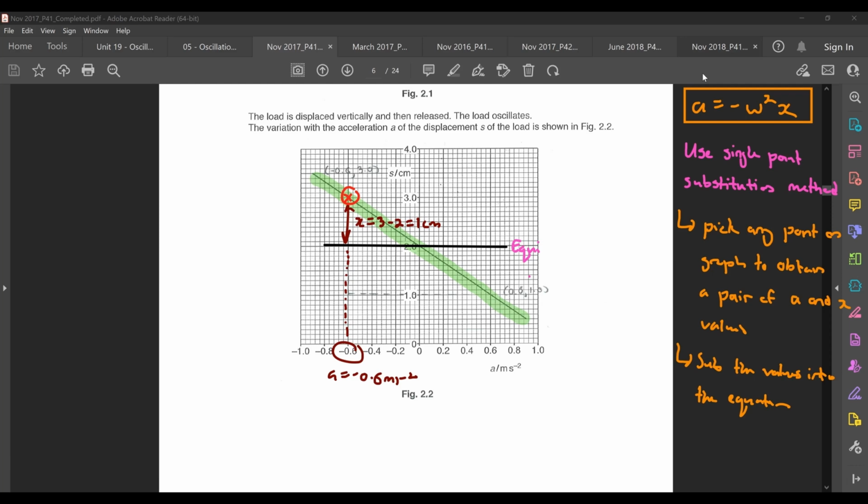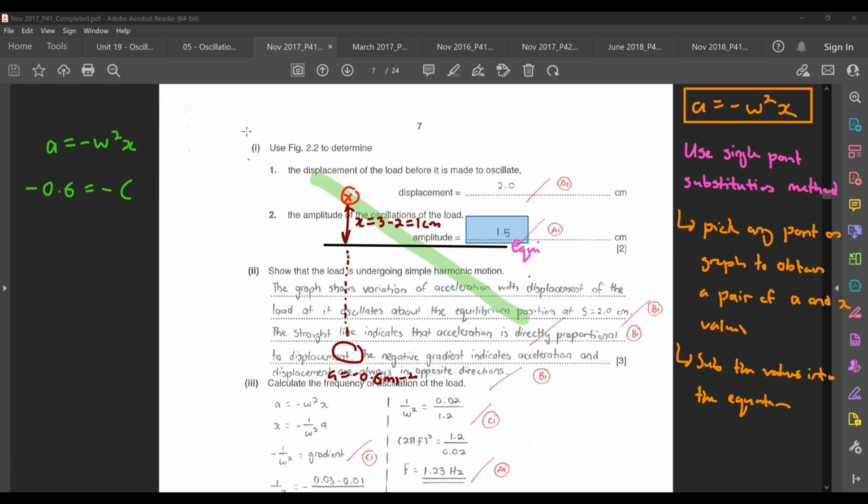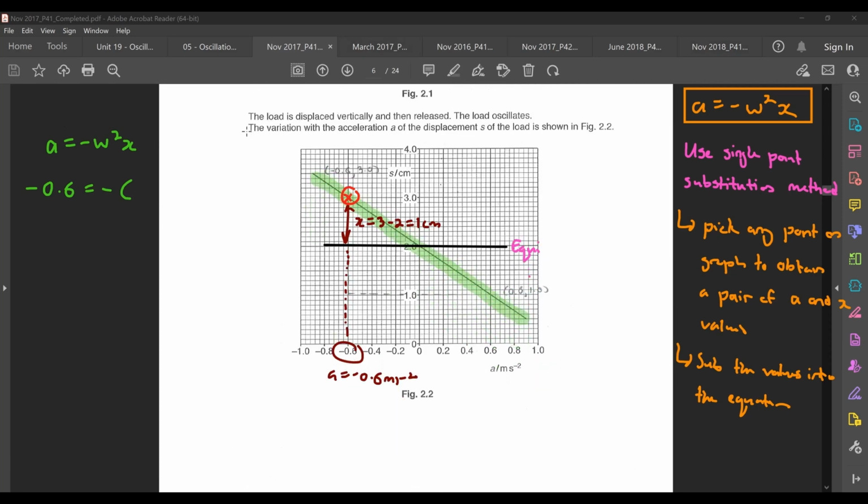All I need to do from there is substitute into a equals negative omega squared x. A right now is negative 0.6 equals negative omega squared times x. Because I wanted to find frequency, you substitute out omega so that it gives you frequency.